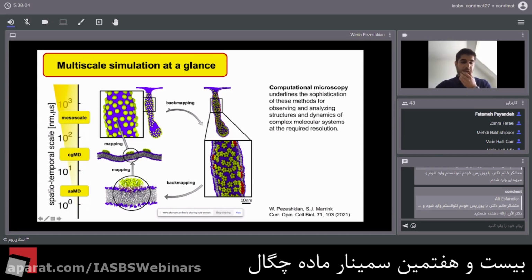Recently we developed a backmapping scheme, with which you go from the mesoscale back to the molecular scale. Then you can have a representation of all molecules and how they are organized in the system. Such a combination of multiple simulation techniques we usually refer to as a computational microscope, because it has a lot of similarity to a real microscope.